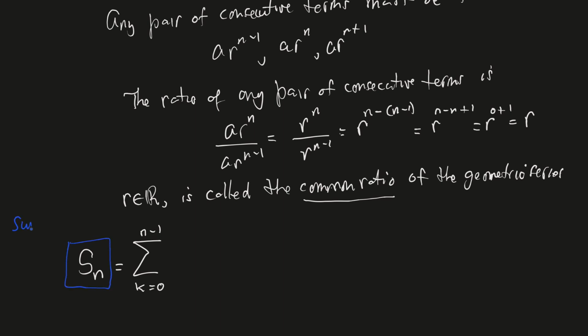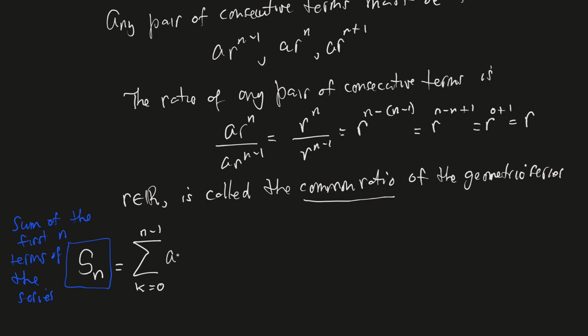It's the sum of the first n terms of the series, whether it's geometric or not. For every series we define this nth partial sum as the sum of the first n terms. So since I want only the first n terms, my counter starts at k equals 0, then it has to stop at n minus 1.